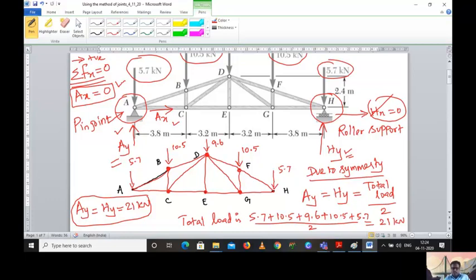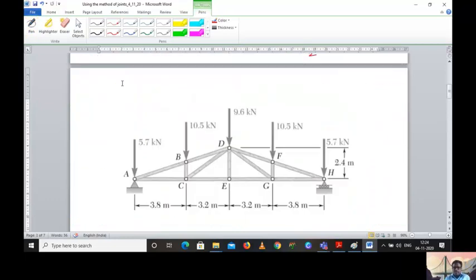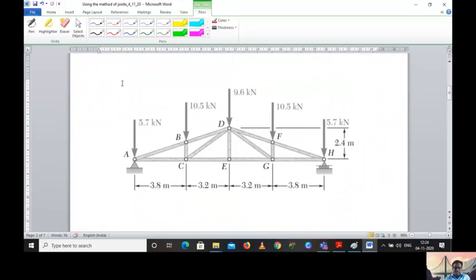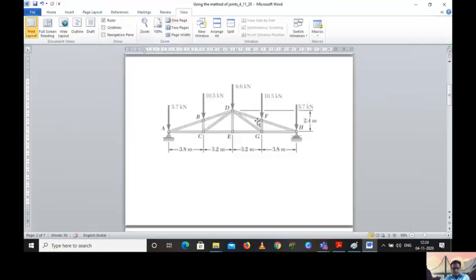Next, we are going to calculate the member forces of each member. As we have discussed in the class, we are going to see one by one.